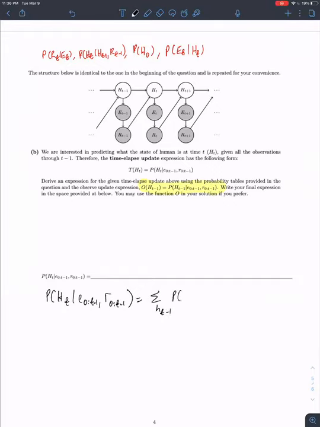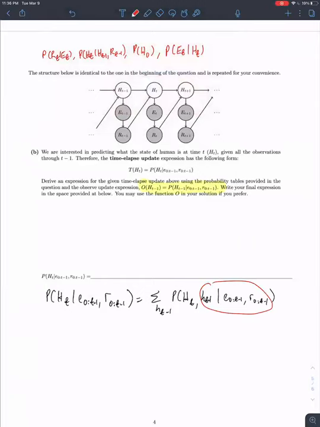So it's probability big H t, little h t minus 1. This is just marginalization, given e 0 to t minus 1, r 0 to t minus 1. So we sort of snuck in ht minus 1 into the probability. That's good.